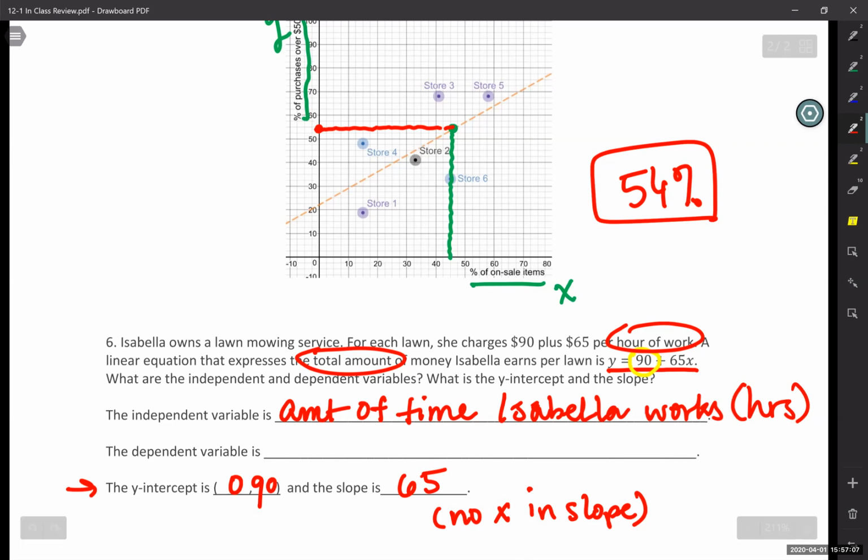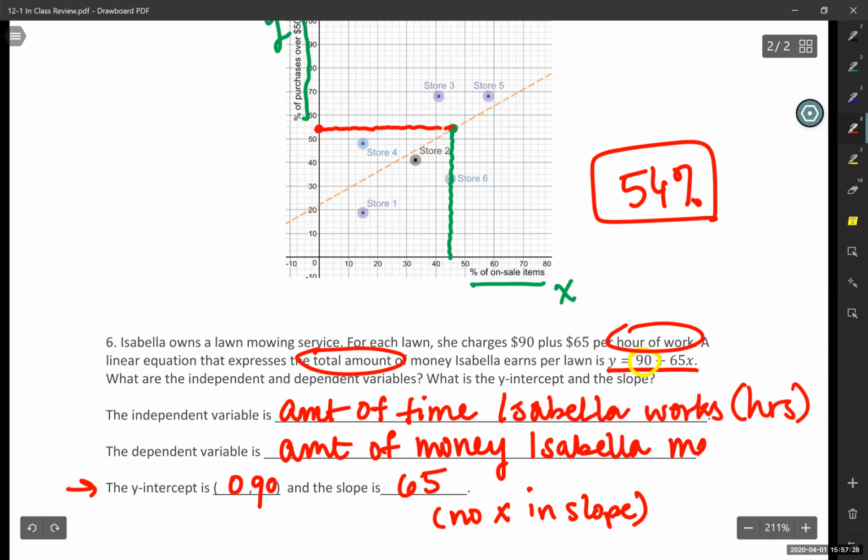And then the dependent variable is going to be what she's calculating. When she goes to figure out your bill, she's going to plug in how many hours she worked, and the dependent, that output variable, is going to be the amount of money Isabella makes. An amount of money, of course, is going to be dollars.